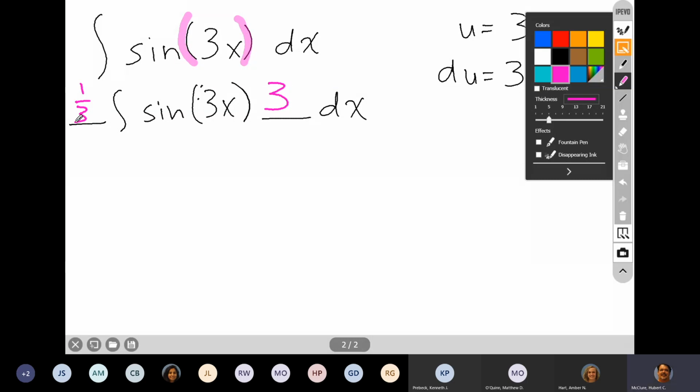So you have sine of u du. So if you have the sine of u, you just take the antiderivative of the sine of u, and that's your answer. And you're going to have something out in front of it. So this is 1/3.